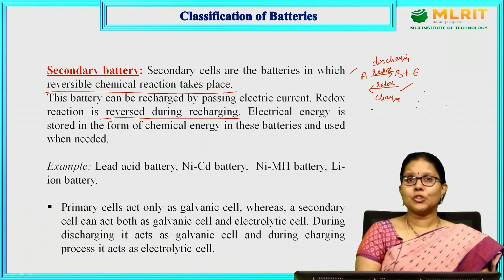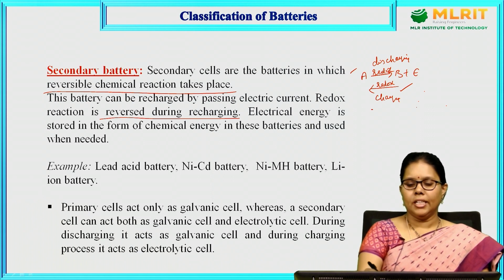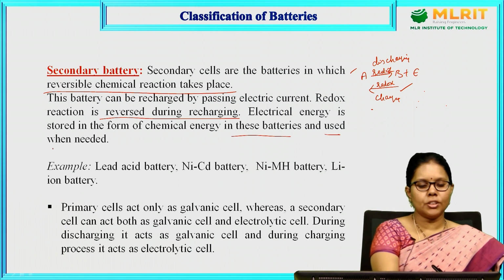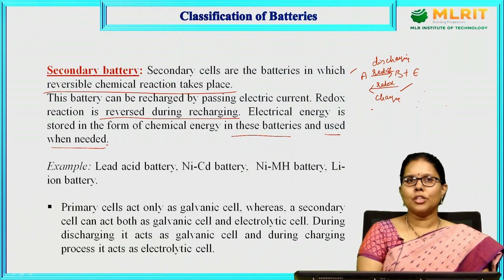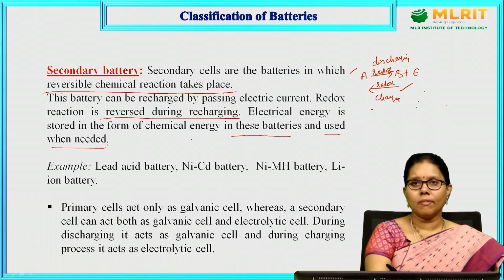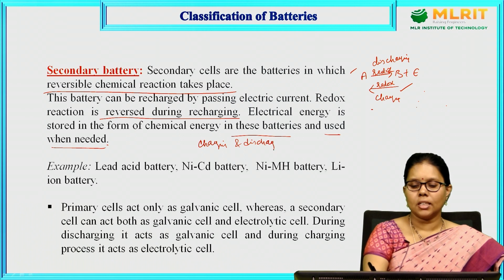Electric energy is stored in the form of chemical energy in these batteries and can be used when needed. A large number of charging and discharging cycles are possible in these batteries.